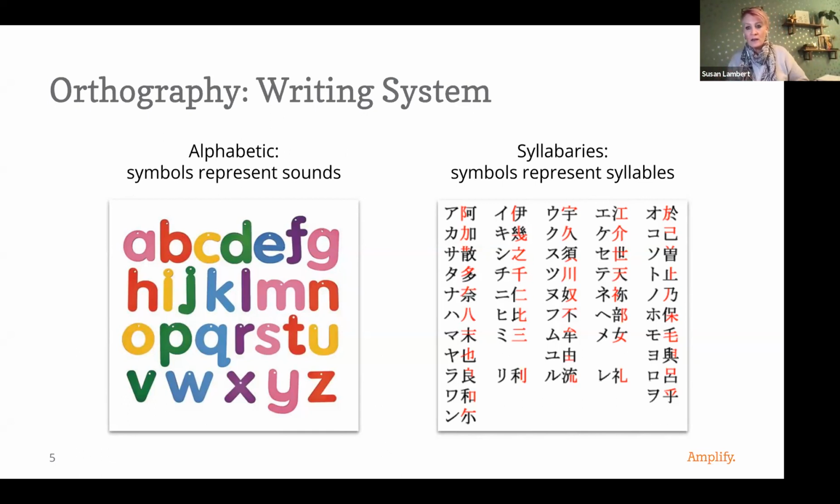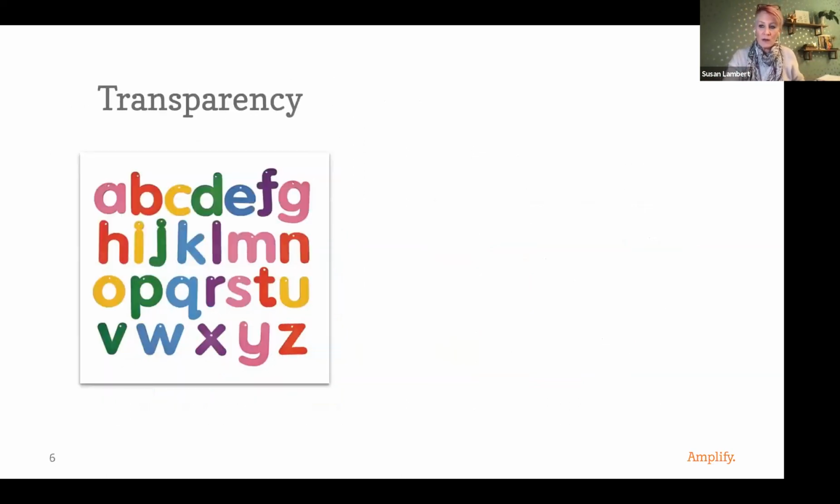If you're learning in a different kind of language, symbols actually don't represent sounds. In a syllabary, they actually represent syllables. So it's a different sort of approach. And so we want to sort of focus our efforts here on what happens in an alphabetic writing system. Well, we also know that alphabetic writing systems have more or less transparency. What do I mean by transparency?